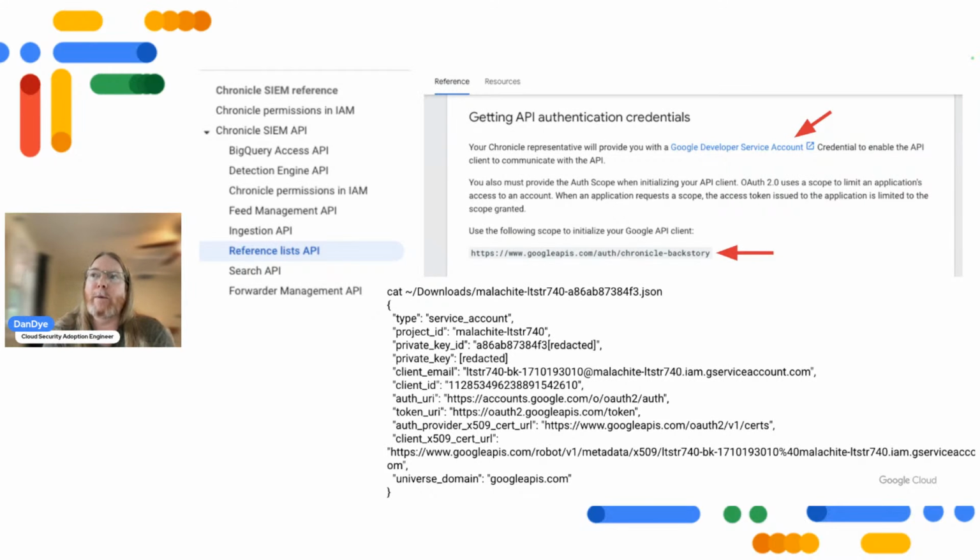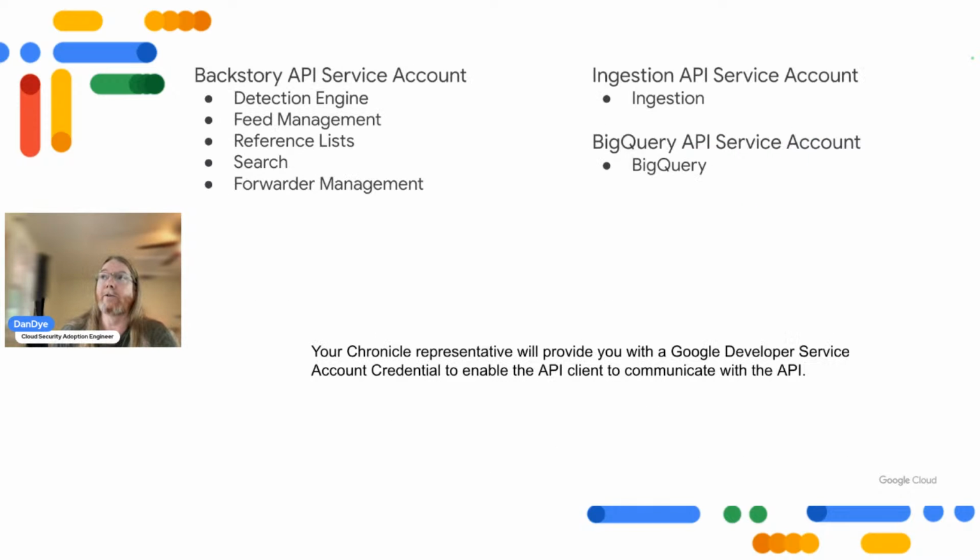The file name and a lot of the contents of the service account credential don't really give you a lot of clues about what it's used for. It doesn't anywhere in there say reference list API. But what I learned to look for is the client email, and that tells me how to identify the service account.